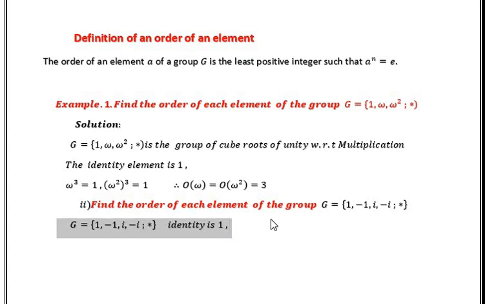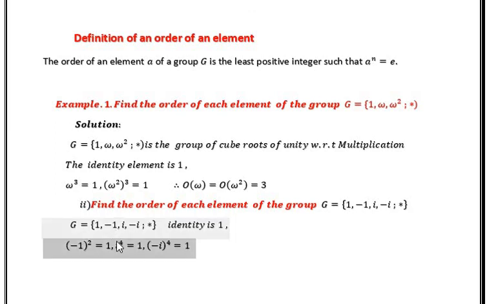Now let us express all other elements of the group G as their integral powers, which is equal to 1. Now the second element, minus 1, first let us represent it as an integral power which is equal to 1. Minus 1 whole square. Minus 1 whole square means minus 1 into minus 1, which is equal to 1.